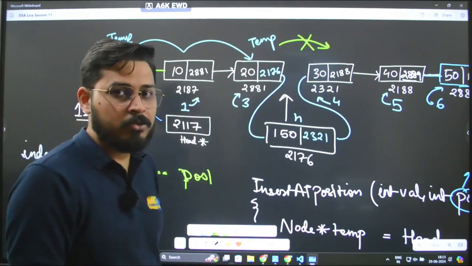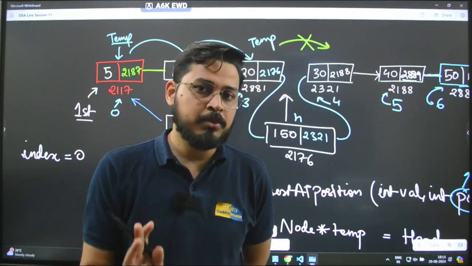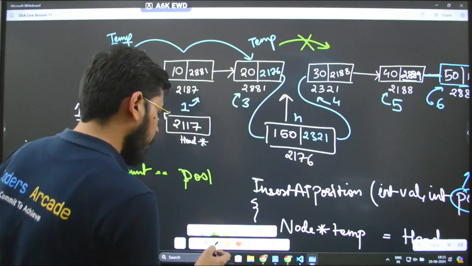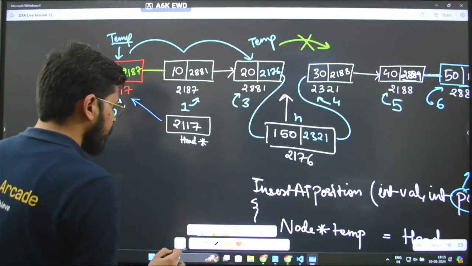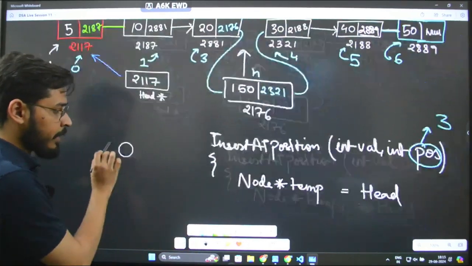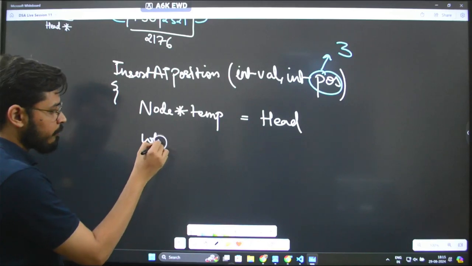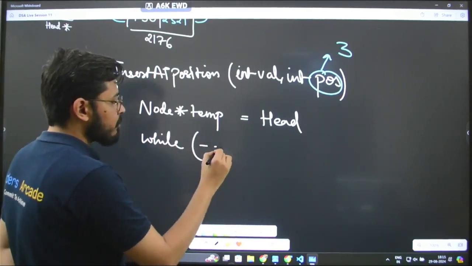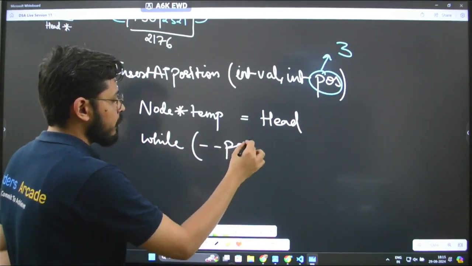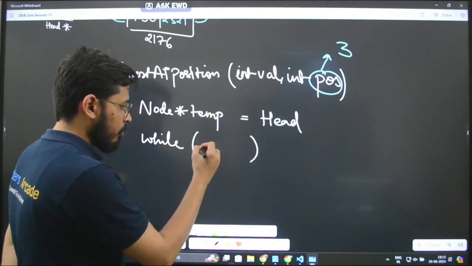But I will tell you the best alternative solution for this without any extra variable or auxiliary memory, and that is going to be your while loop itself. The solution is hidden inside the while loop itself. I will directly write the code here. I would just create a while loop with position minus minus.